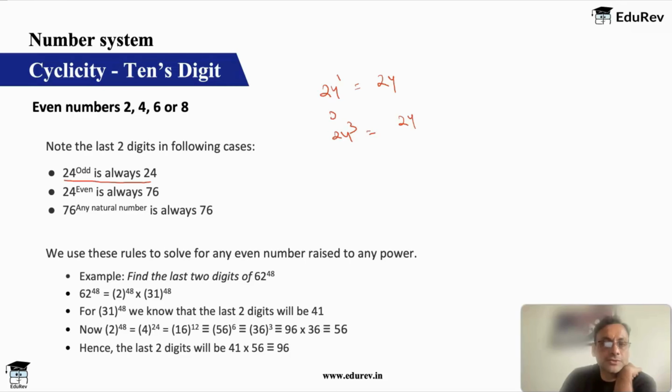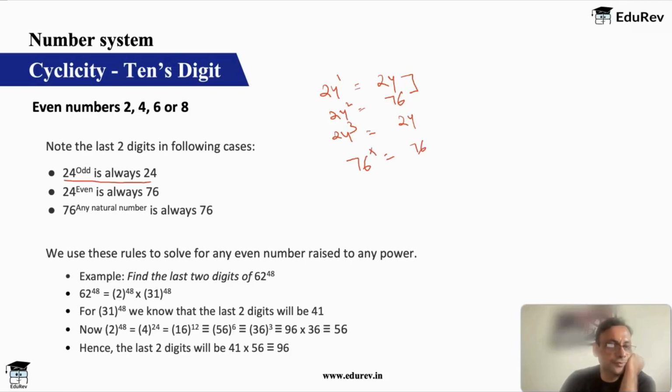But 24 raised to an even number, 24 square is 576, so it is 76. Okay, and 24 and 76 again are complementary. They add to 100. So all that you have to remember is 24 raised to an odd power is 24, 24 raised to an even power is 76, and 76 raised to any power is always 76.